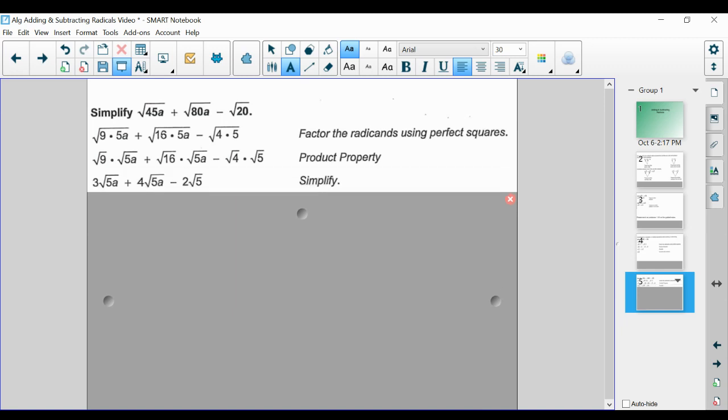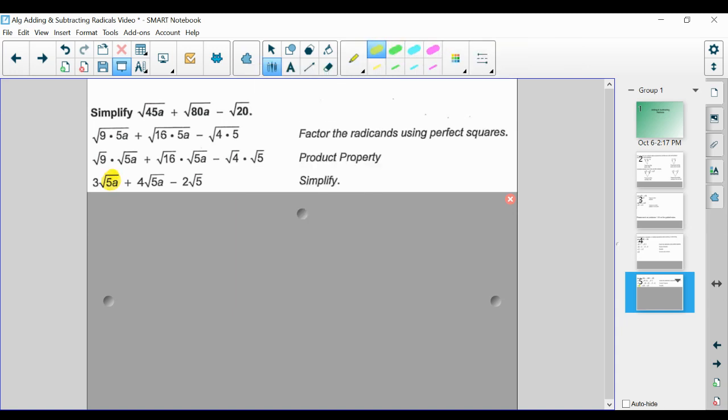And we can simplify, and we get 3 times the square root of 5a plus 4 square root of 5a minus 2 root 5. So we can combine some like terms here. We can combine like radicals. We look for anything that has the same radical. And I'm going to highlight it for us just in case we don't see it.